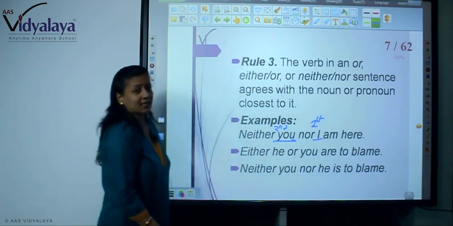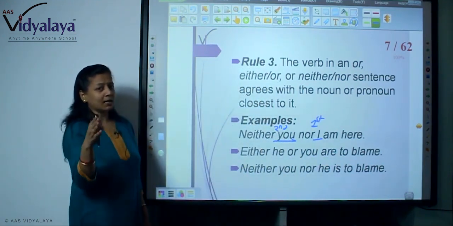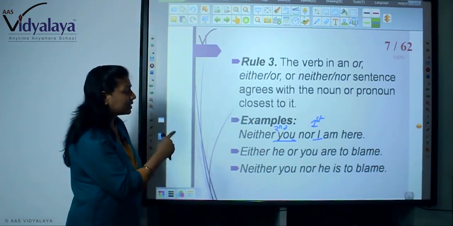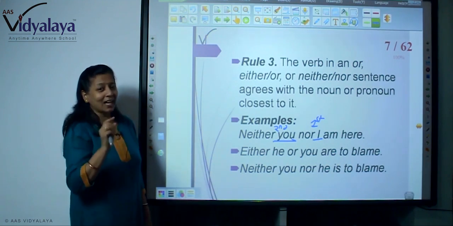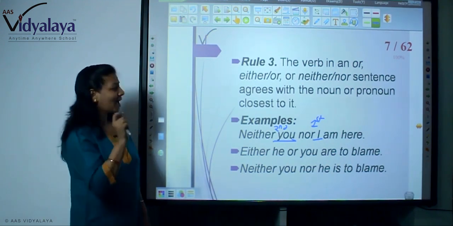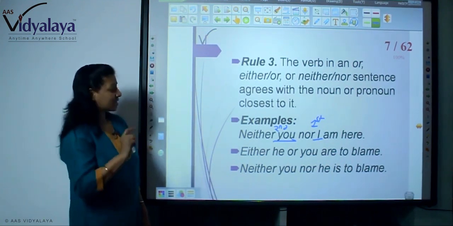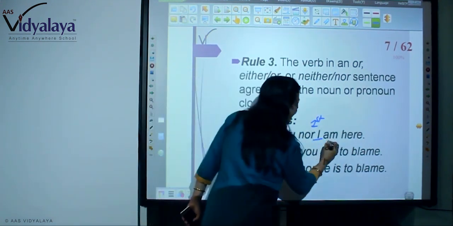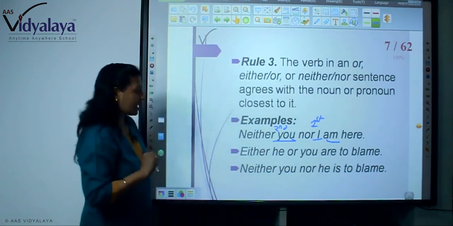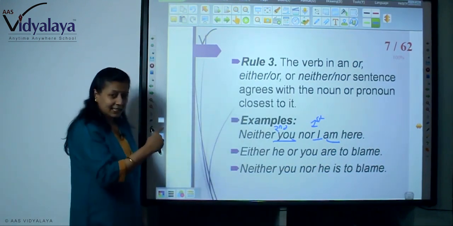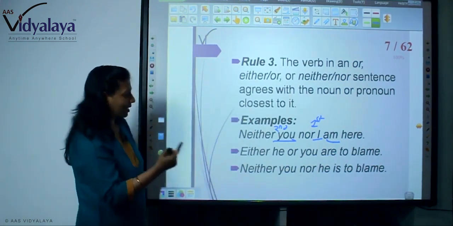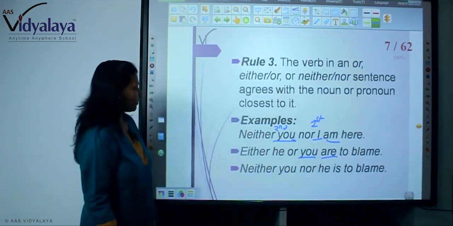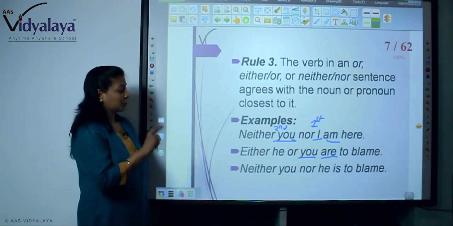And what is the basic rule? According to the number and person, your verb will be. So here, neither you nor I, with I we use am. So am here, it's not are. Understood? Either he or you, you are to blame, not according to he.